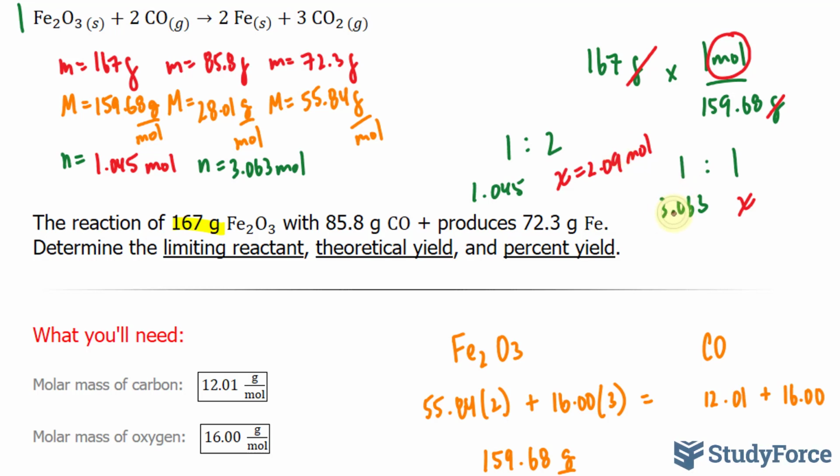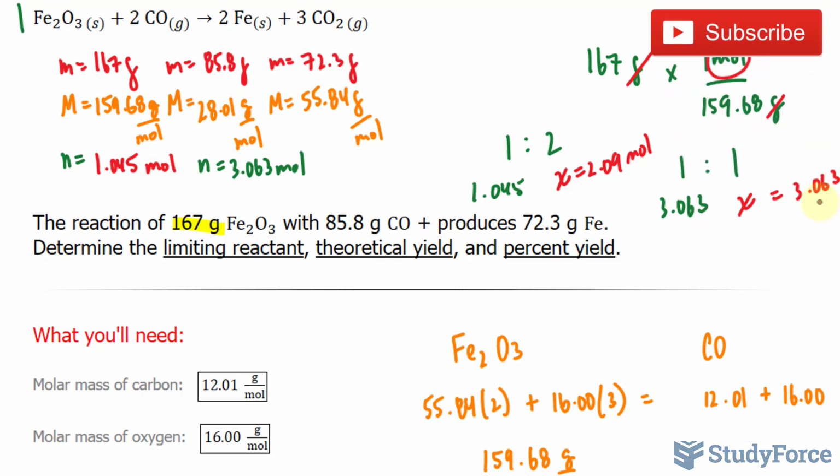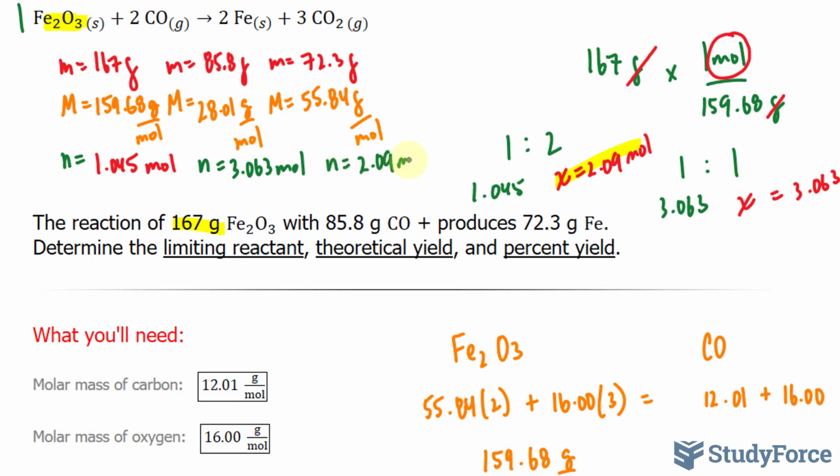So if I multiply 3.063 by 1, and then cross-multiply with the x and the 1, I should end up with an x value here of 3.063, and that's expected because it's a 1:1 ratio. Now notice that this is our limiting reactant because it is smaller than 3.063. This compound is our limiting reactant, and we'll use the number of moles that we found here to show the number of moles of iron. So to represent the number of moles, I'll write down N is equal to 2.09 moles.